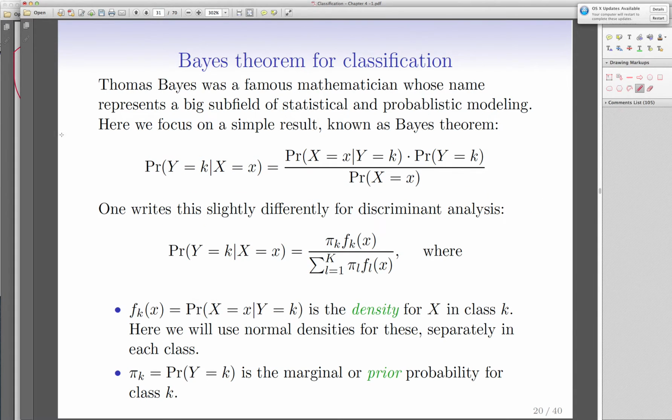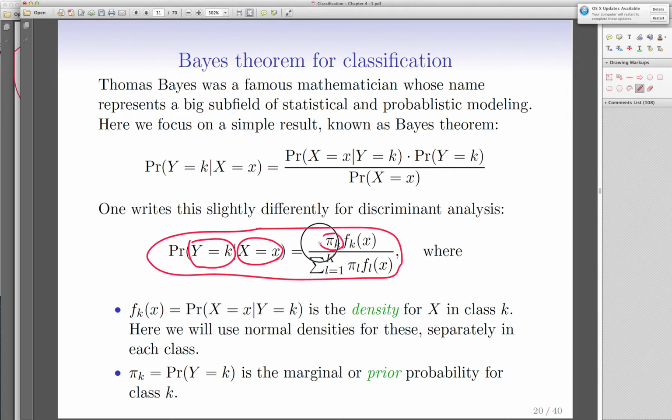We can show mathematically that for any density function that we have, we can write down the probability of being in a class conditional on your observations as equal to the prior probability of that class.